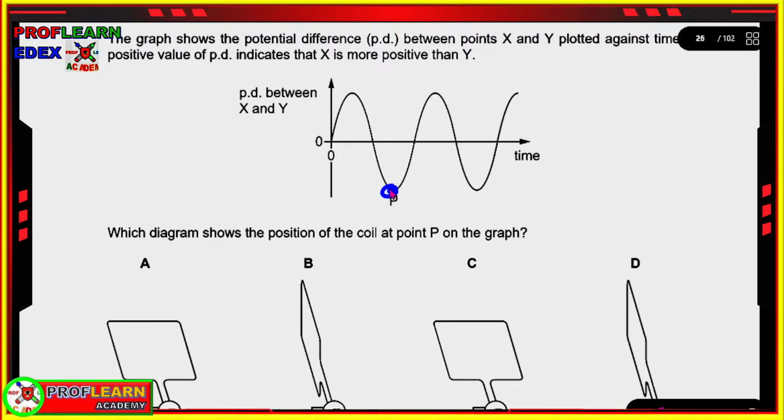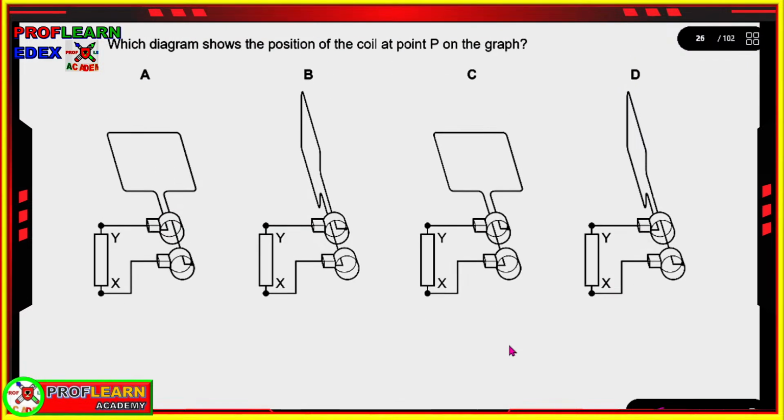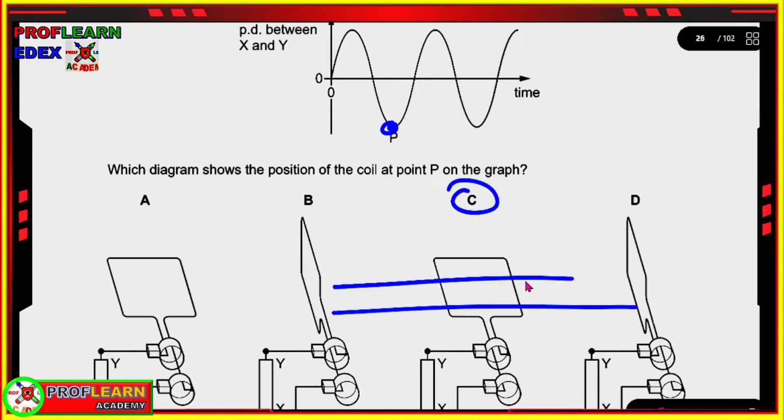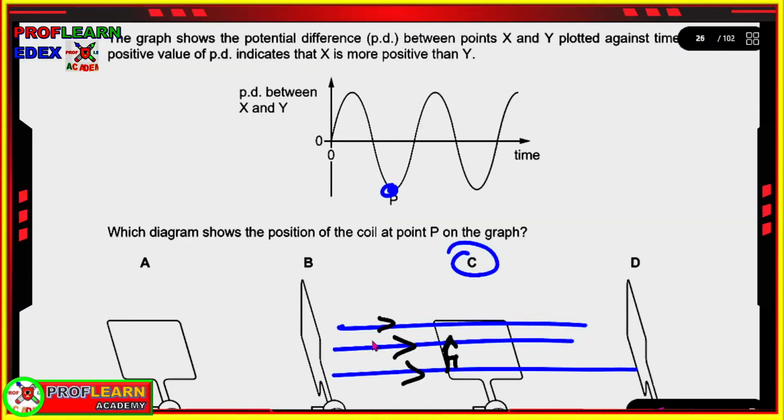And that's when the coil is perpendicular to the magnetic field, and that is going to be C, because that's when the coil will be cutting the magnetic field at 90 degrees. So for that part, that is C.